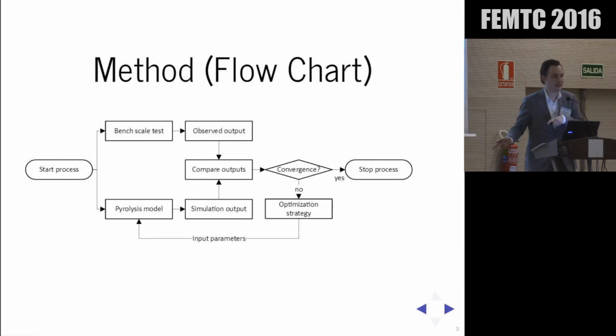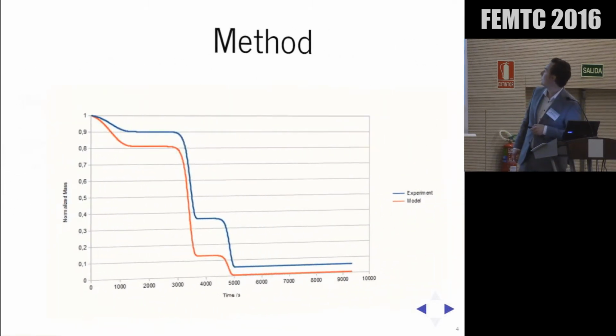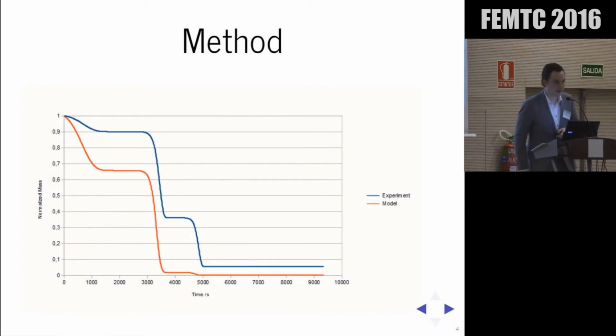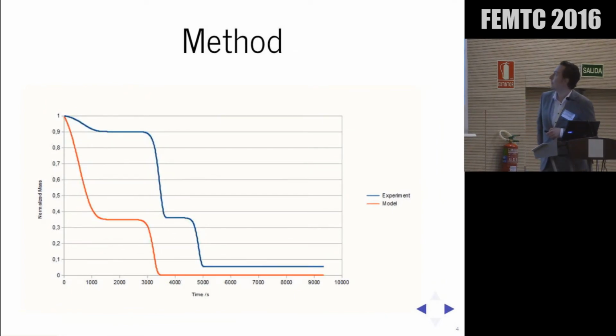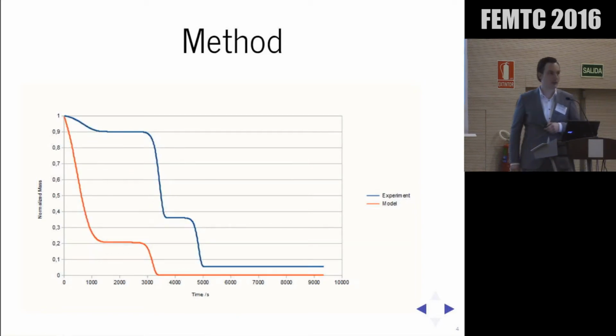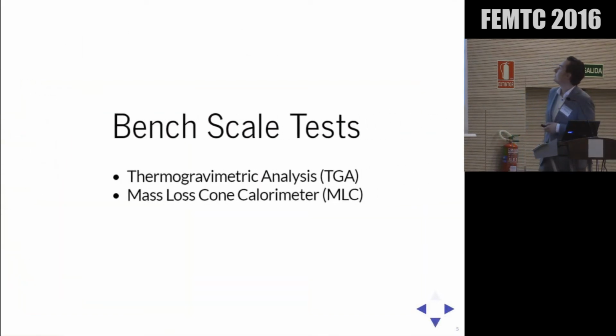And that's how we get to know these parameters. Basically, that's it. The blue line is what came out of the experiment, and we fitted the red line to the blue line. That's what we did.